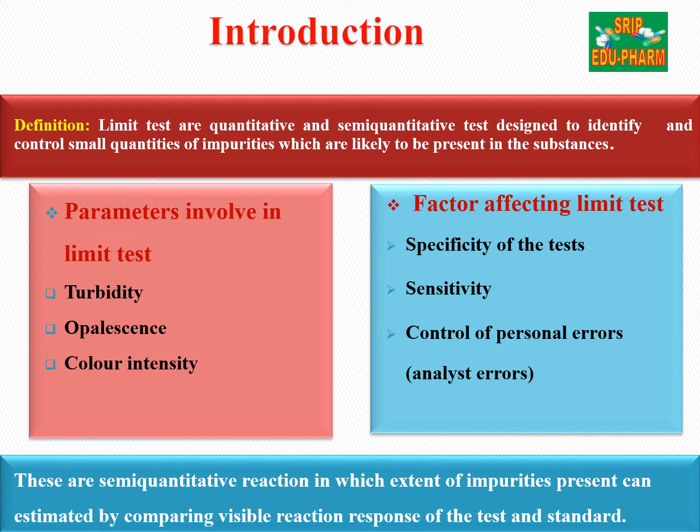It means the extent of turbidity or appearance or color produced is influenced by the presence of other impurities in the substances. Next is control of personal error. It means the error that arises due to analysis.